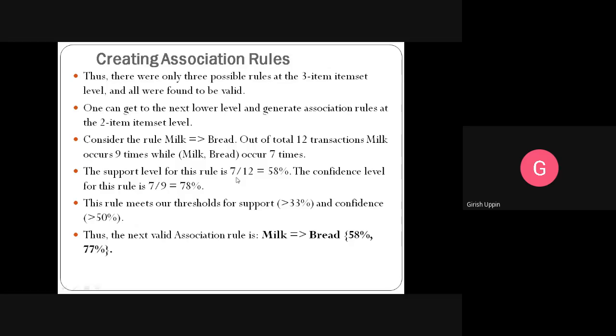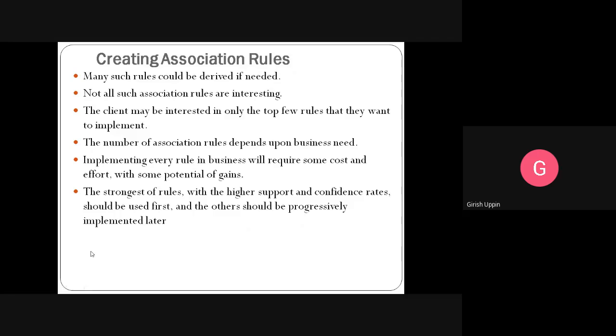The support would be 7 times these are bought together out of 12, that is 58%, and confidence is 7 divided by 9, that is 78%. So this is also a valid rule. Milk implies bread, 58% of support and 77% of confidence. Many such rules could be derived if needed.